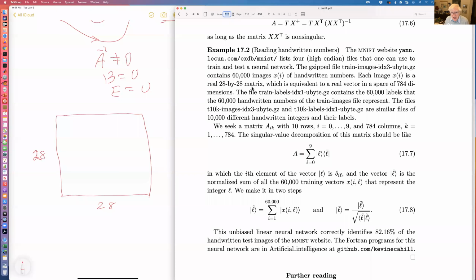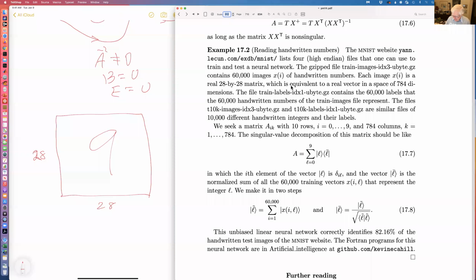Sorry, 28. And so they're not super sharp images, but there are 60,000 of them. In particular, each vector describes, these are handwritten numbers, so this might be a 9 written this way, and so these pixels would be black and the other ones white and so forth.